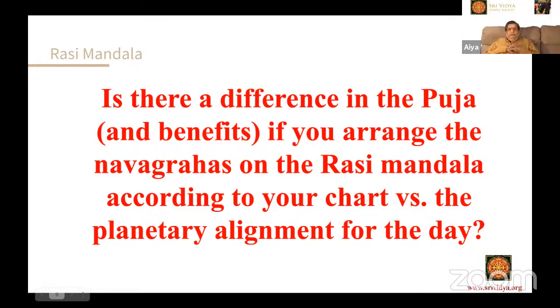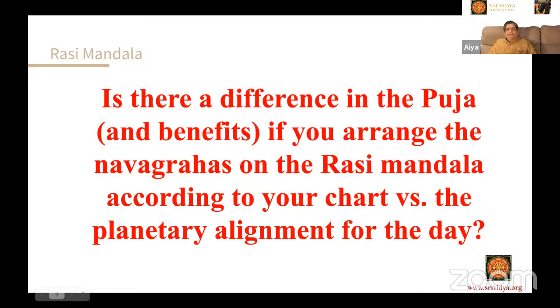Now, the question itself, when you're reading it, when you say, if you arrange the Navagrahas on the Rasi Mandala according to your chart, it means that puja is going to be done exclusively for you and for nobody else.